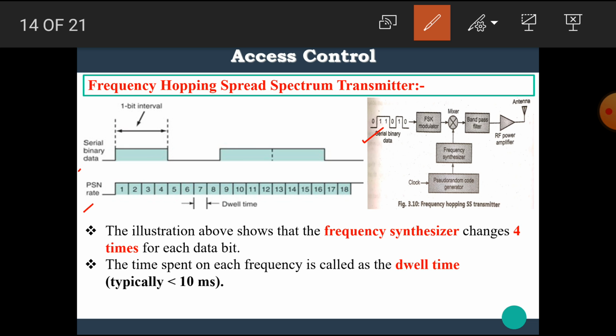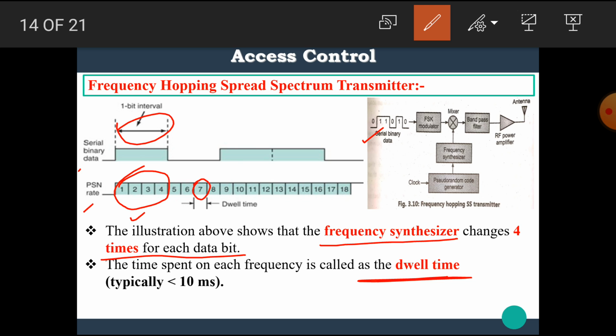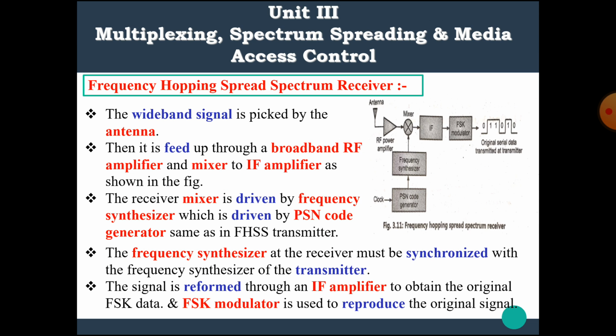In which we can see that for 1 bit interval there are 4 pseudo random codes generated. The illustration above shows that the frequency synthesizer changes 4 times for each data bit. The time spent on each frequency is called the dwell time. That means this time for each bit is known as the dwell time. It is typically less than 10 milliseconds.